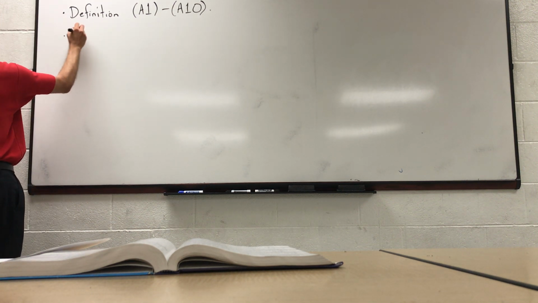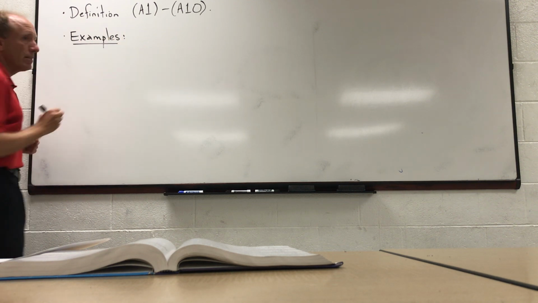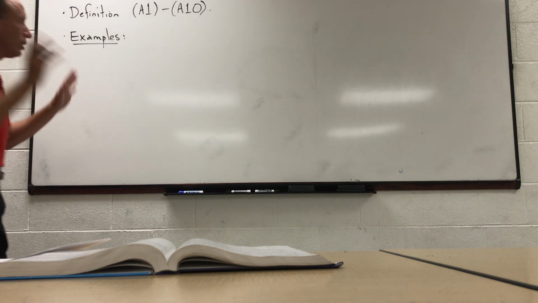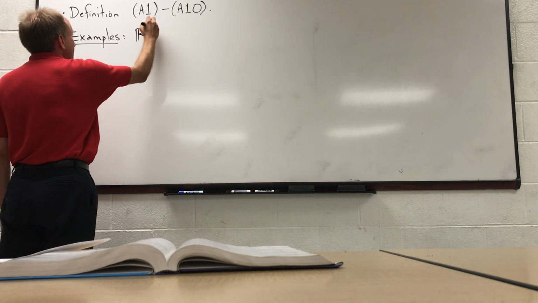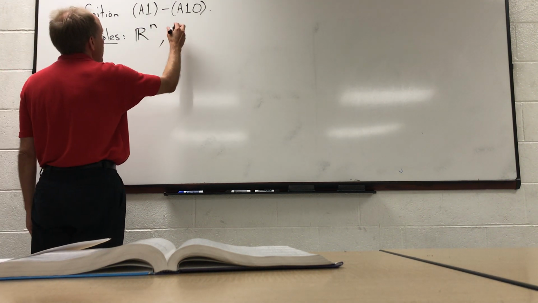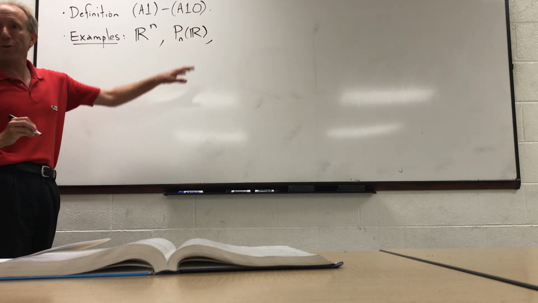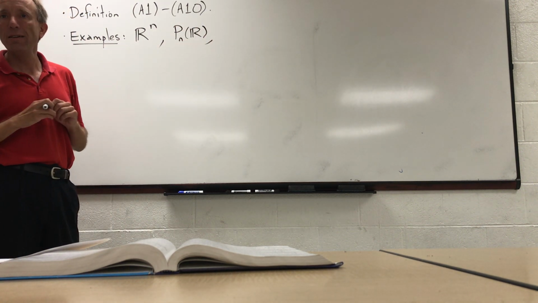I definitely want you to know examples of vector spaces. There is, of course, a lot of them. We have Rn, like the first example, and then we have Pn of R, polynomials of degree n or less.